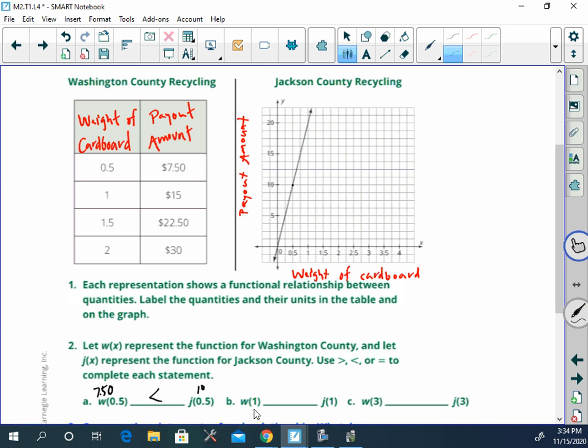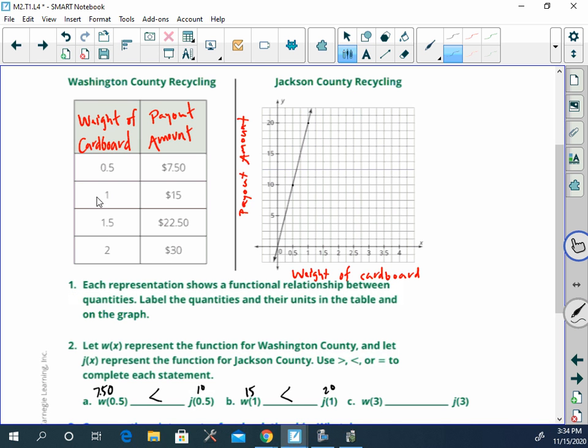Okay, same idea, but now we're at 1, so this one would be 15. And this one at 1, follow it up, and it looks like it's at 20. So Jackson would still be more there. Okay, and then at 3, this one takes a little bit more work because we don't have it right here.